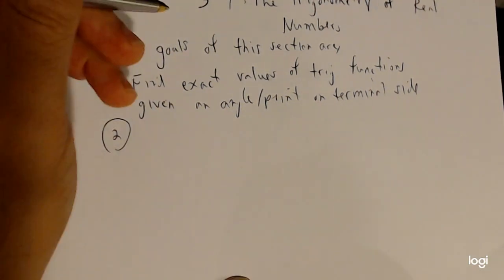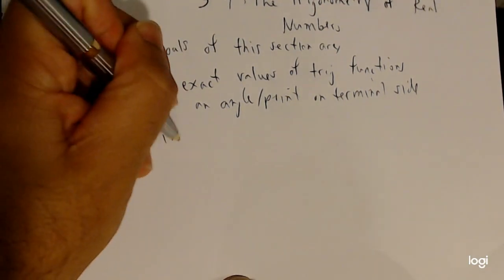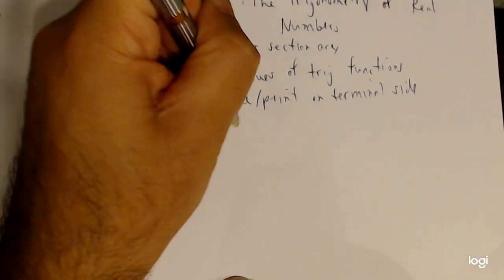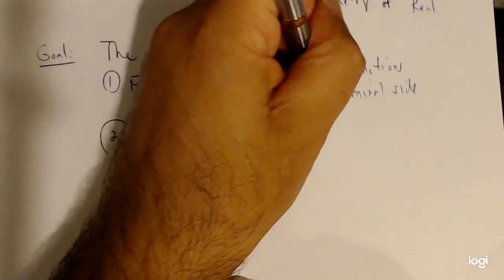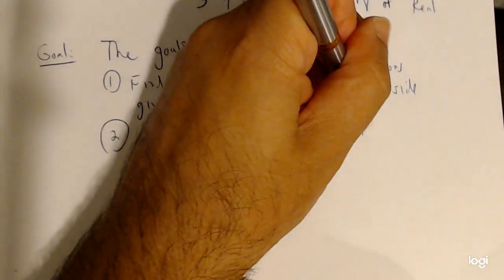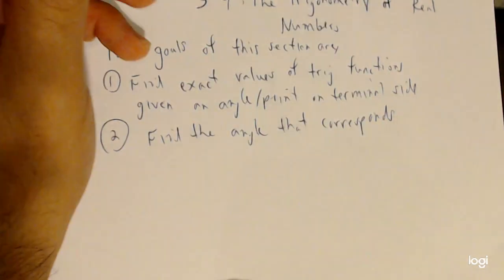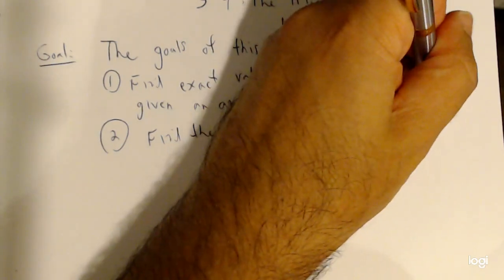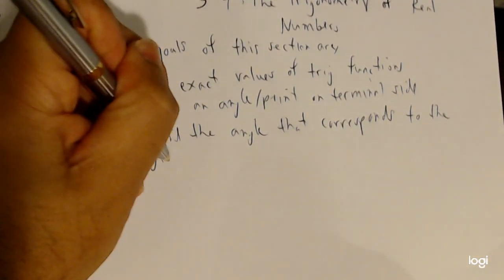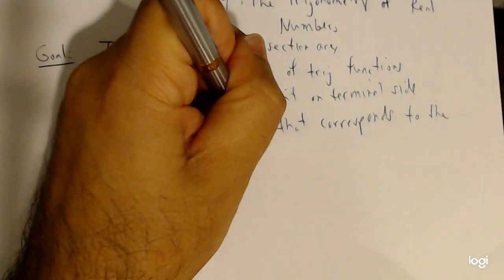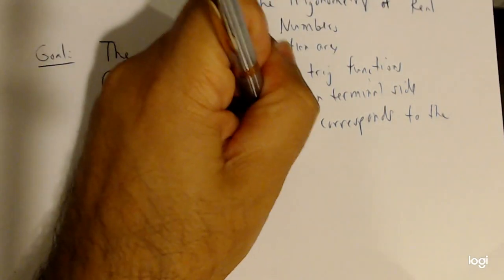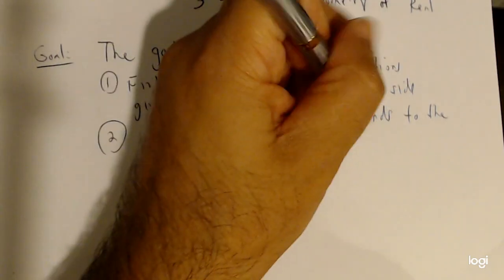Now the second thing we're going to do is we're going to find the angle that corresponds to the given exact value of the trig function.